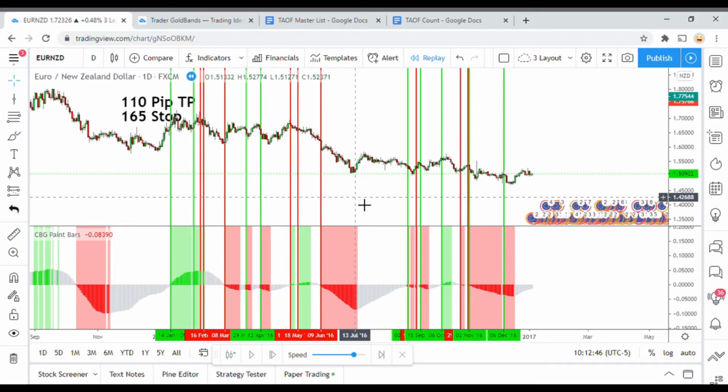So that barely misses the 60% criteria. It was very close. This indicator, all in all, seemed to do relatively okay. Wasn't too bad. It was a little laggy.